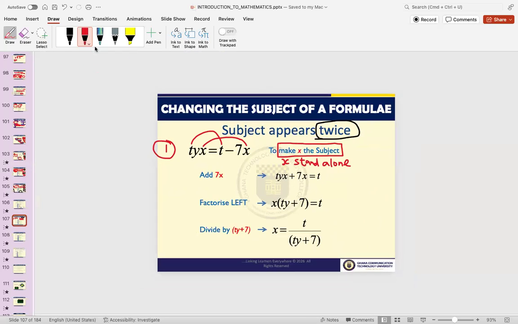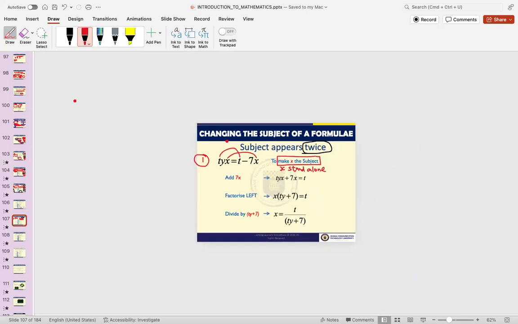Let me write it this time above here so you can see what we are doing. So we have T, Y, X, like this, is equal to T minus 7X. And all we are doing is making X the subject.